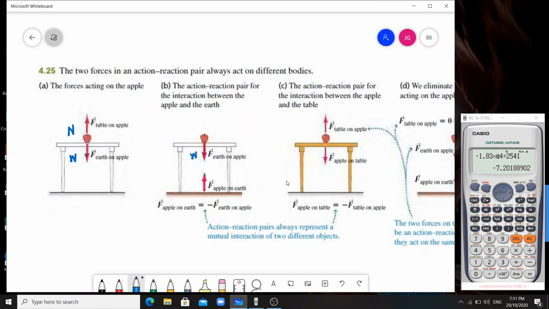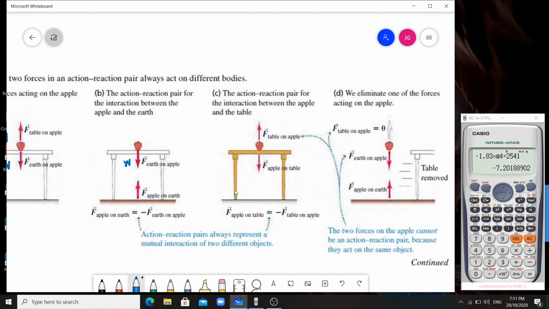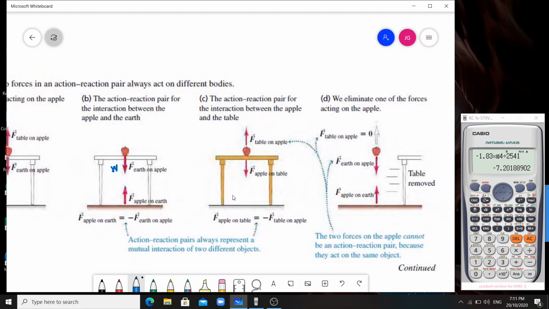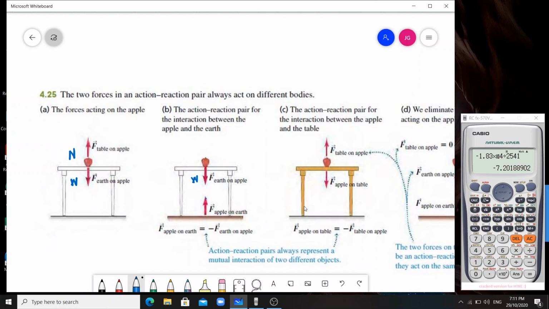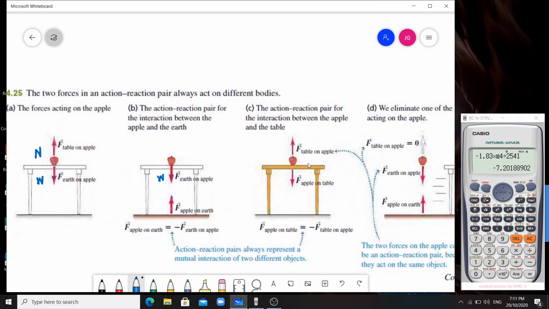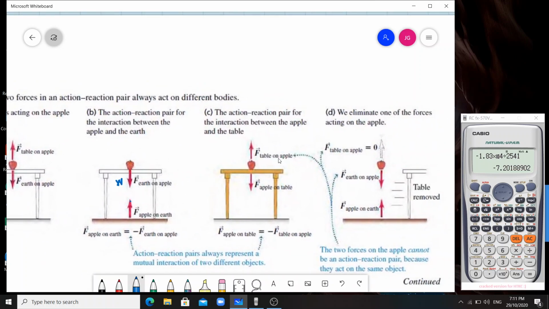And then, ayan, kung magko-concentrate naman tayo dun sa normal force ng table, ito yung normal force natin kanina. Meron din palang opposite force ng apple dun sa table mismo. Okay? Ayan. Yung apple merong force na ine-exert dun sa table. So, yan yung opposite forces niya.